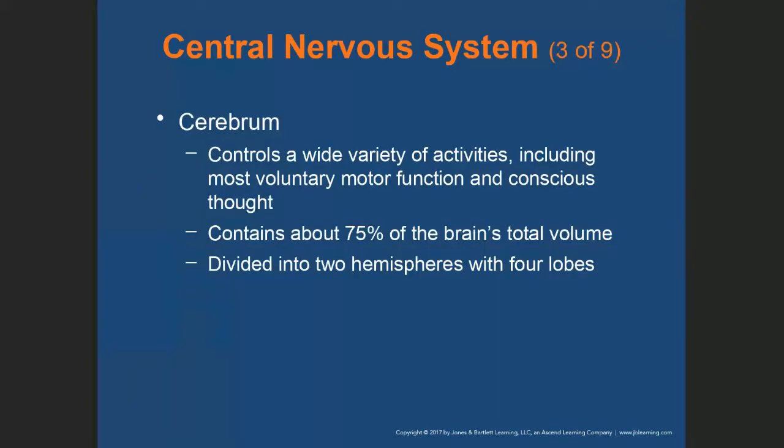The cerebrum controls a wide variety of activities, including most voluntary motor function and conscious thought. It contains about 75% of the brain's total volume and divides into two hemispheres. The right hemisphere controls movement on the left side of the body, and the left hemisphere controls movement on the right side of the body.